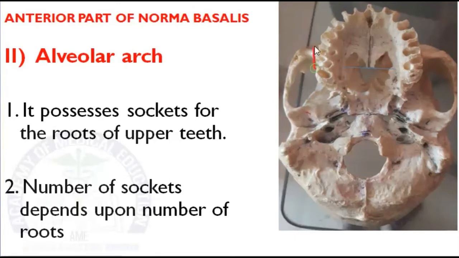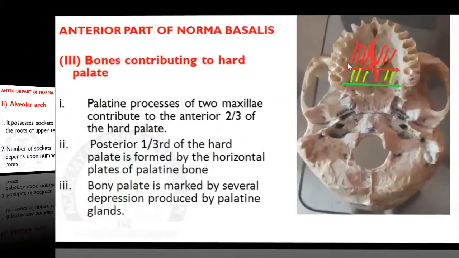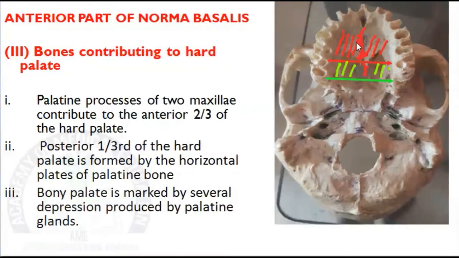The alveolar arch is present and the hard palate is contributed by bones: the palatine processes of the two maxillae contribute to the anterior 2/3 of the hard palate, whereas the posterior 1/3 is formed by the horizontal plate of the palatine bone. The bony palate is marked by several depressions produced by palatine glands.